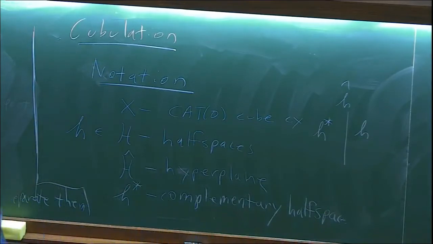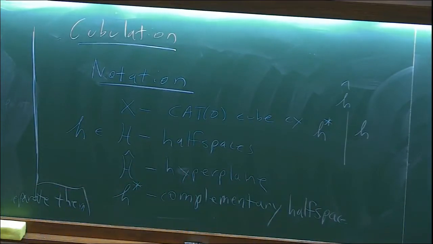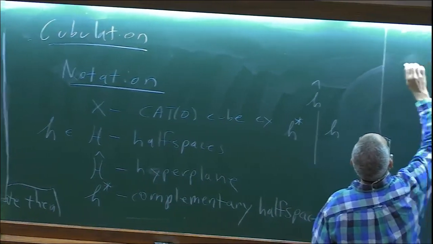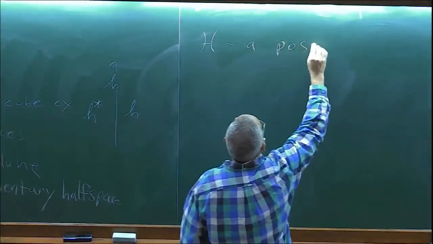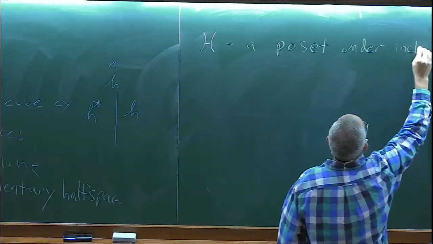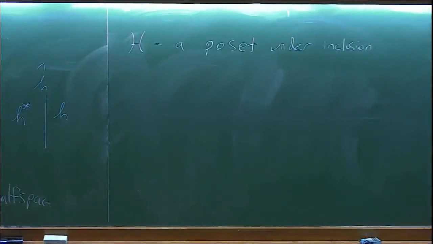I want all of these to be consistent. So notice, H is a poset under inclusion. Okay, so you have these walls, if you're familiar with the term, right?